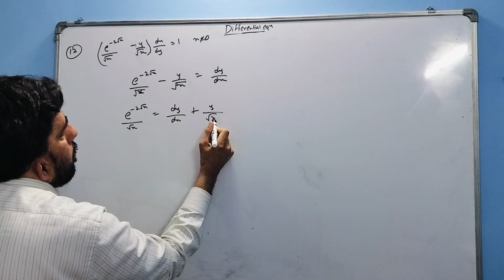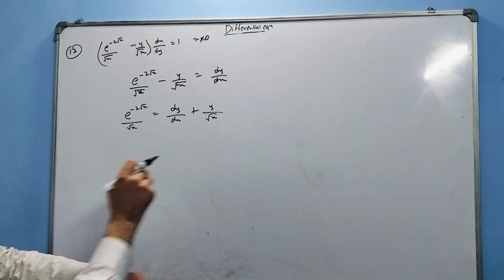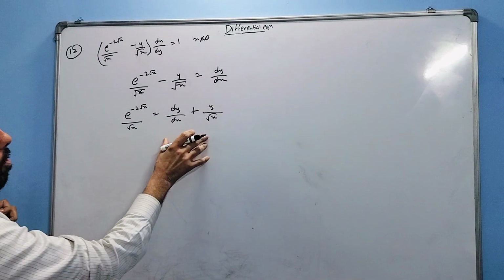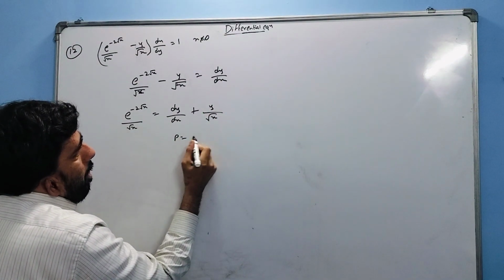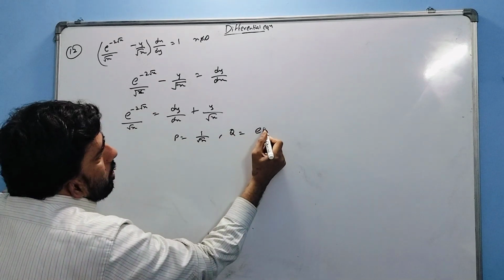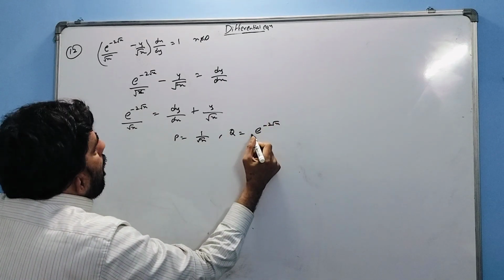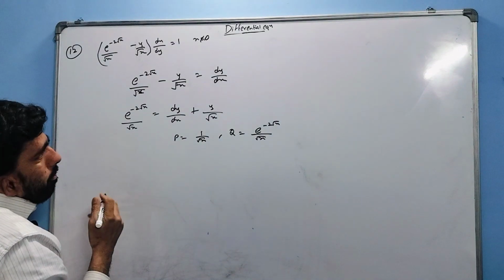Okay, so now we have this. I think we can compare now. This is a linear differential equation. Here p is 1 upon root x, and q is e raised to the power minus 2 root x upon root x. Okay, so now let us try to solve this. That is how we can solve in a very simple way.